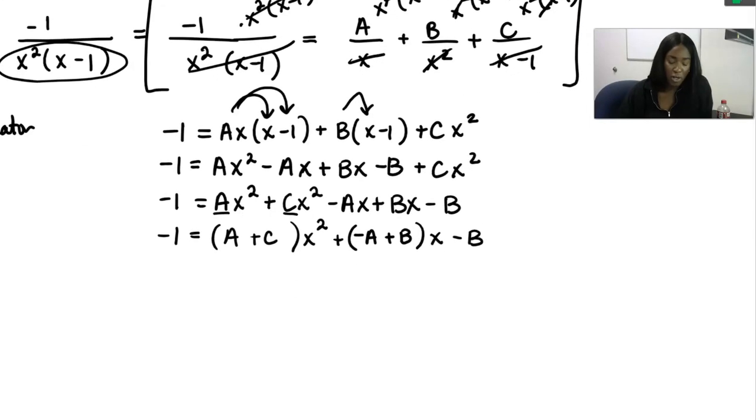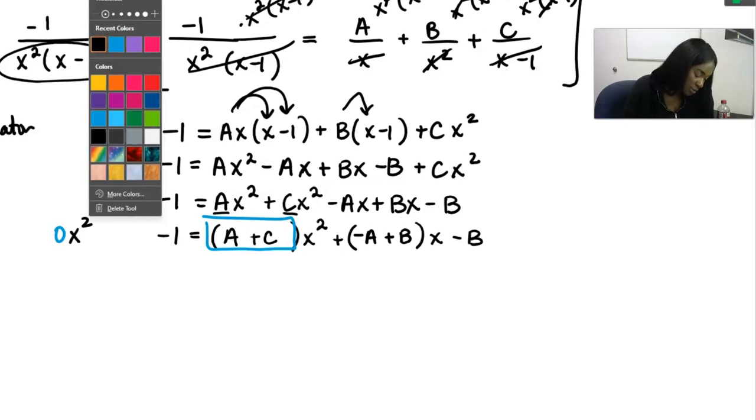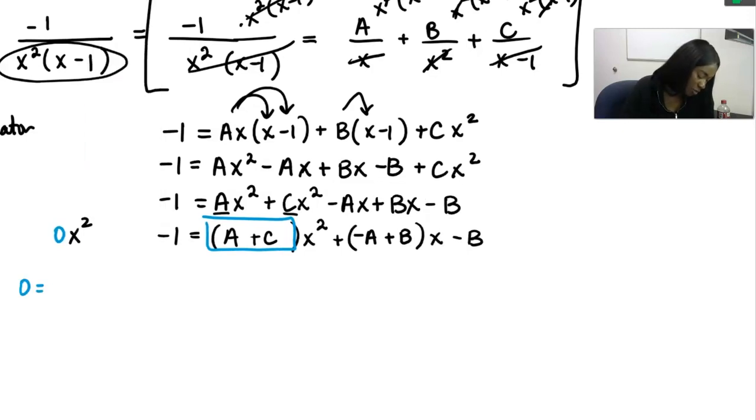So now we're ready to start equating coefficients. Notice that what's in front of x squared on the right side is A plus C. There is no x squared on the left side, which means that there was a 0 in front of x squared on the left side. So it must be that 0 is equal to A plus C. What's in front of x on the right side is negative A plus B, but there is no x on the left side, so there must have been a 0 in front of x on the left side.